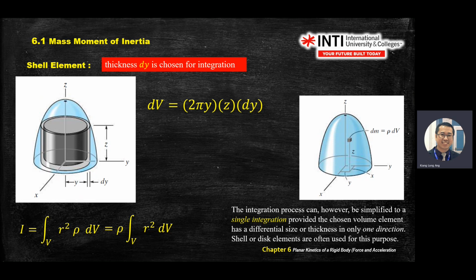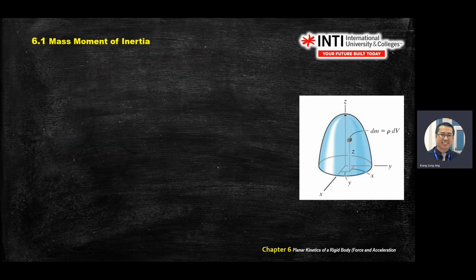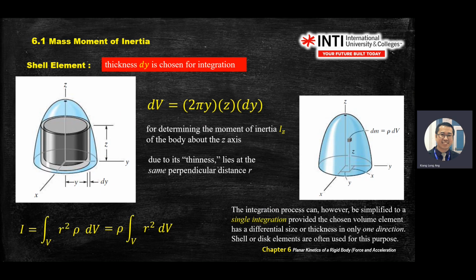You pull your rho outside, so you get the integral of r squared dV. If you're using the shell method, you substitute this inside here, but now you can no longer integrate V. What do you integrate? Y. So this is the first method, calculating the volume using the shell method.